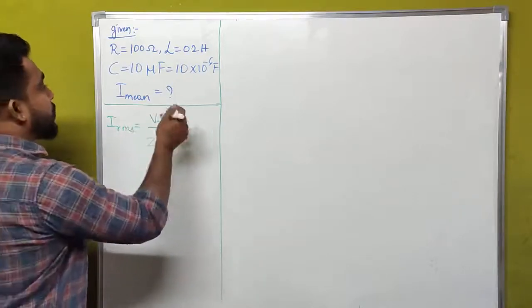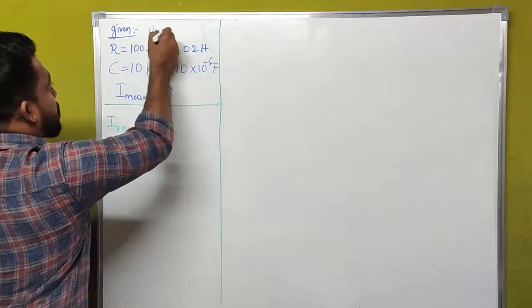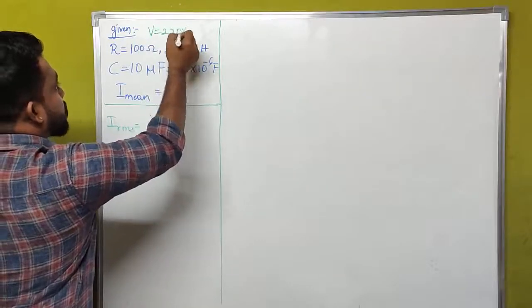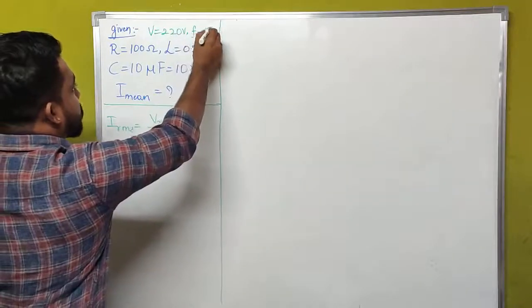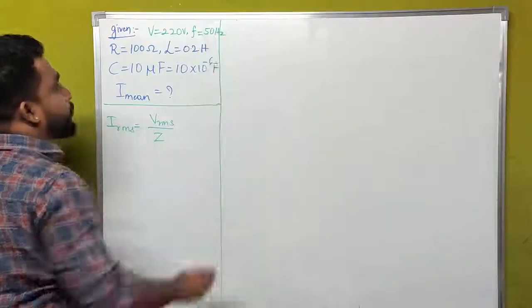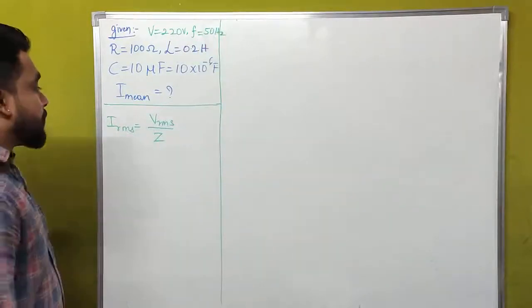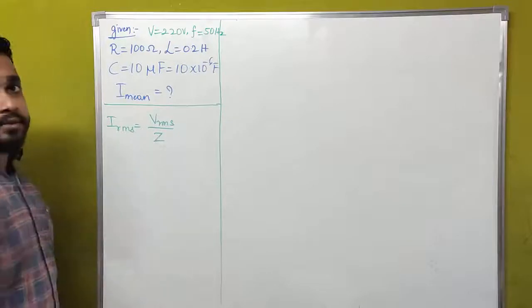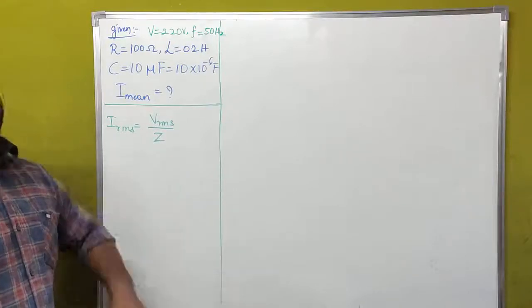We know the voltage V is equal to 220 volts and the frequency is equal to 50 hertz. We know these two constants, but we don't know the value of impedance. We should find that out.